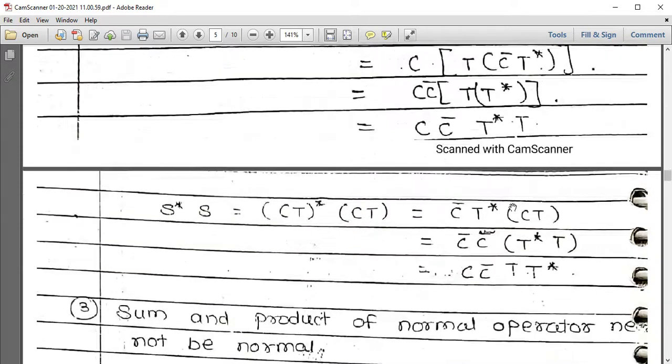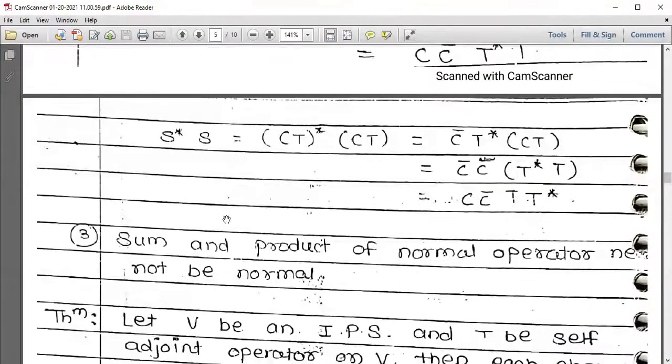Now consider again S star into S, this product, which is equal to C into T bracket star, which is equal to C into T, putting the value of S star and S here, which is equal to C T bracket star, which is nothing but C bar into T star, and C into T as it is there.